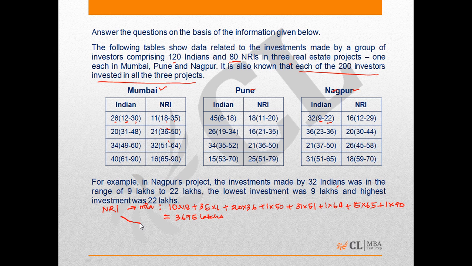Now let's calculate the maximum of the investment made by an NRI. The values of 1 and 10 will get interchanged, so we'll have 1 into 18 plus 10 into 35.